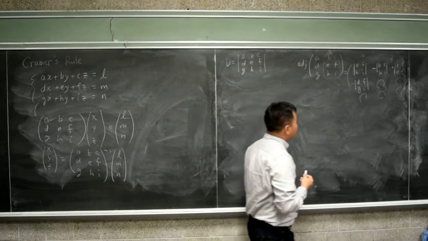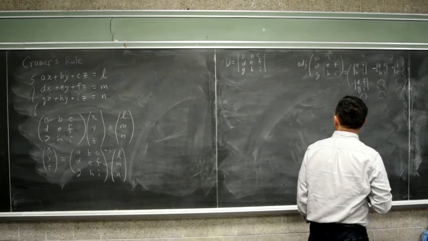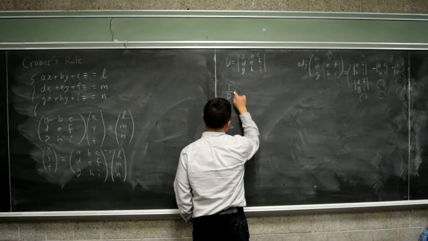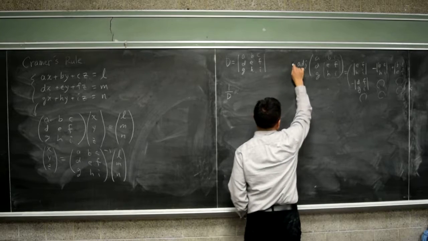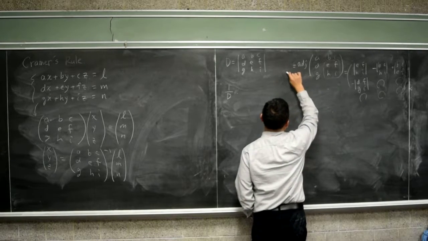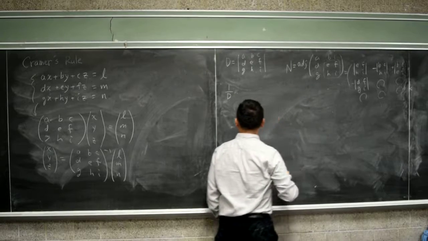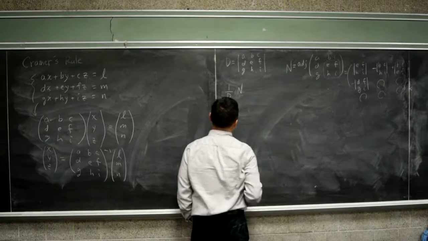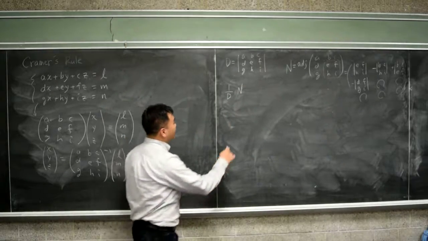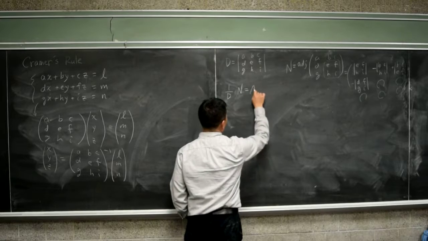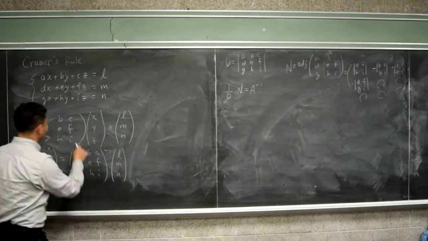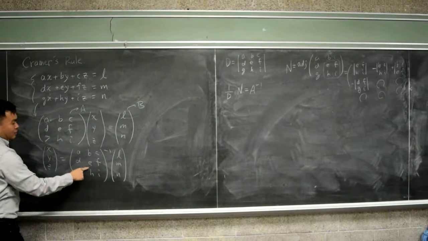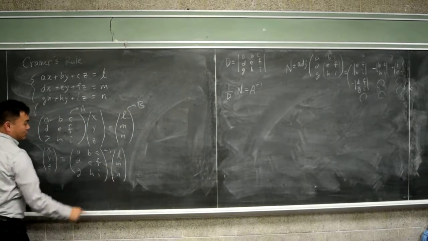Yes. Okay. Now, I know that 1 over D times this, let's call this matrix N, 1 over D times N is A inverse. Usually this matrix is called A, and that matrix is called B. So this is A inverse times the B matrix.